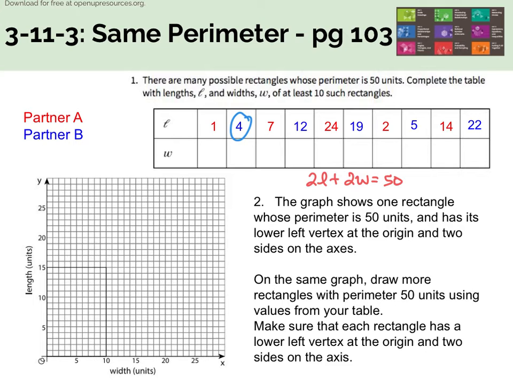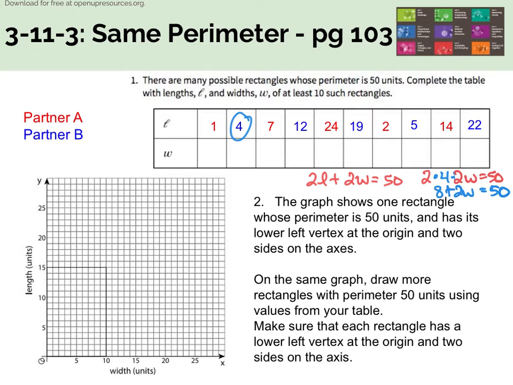So we have 2 times 4, plus 2 widths will equal 50. 2 times 4 is 8, right? So we have 8 plus 2 widths will equal our 50.